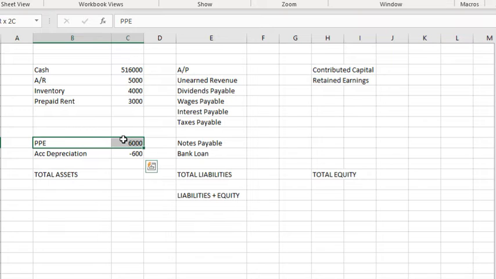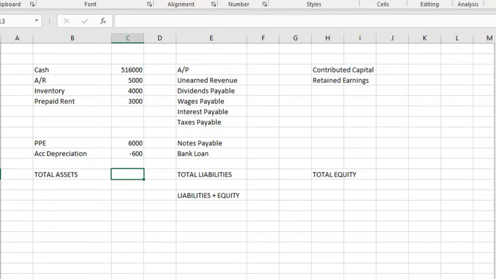We are going to have PP&E at historical cost and accumulated depreciation. Once you build side by side balance sheets for different time horizons, you are going to see how accumulated depreciation changes over time. And as I mentioned earlier, we are going to have a deep dive into depreciation itself and how it's calculated in the upcoming videos.